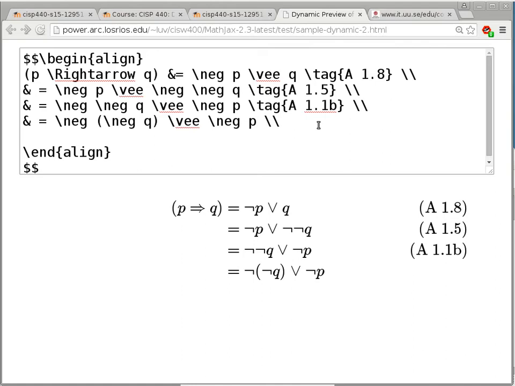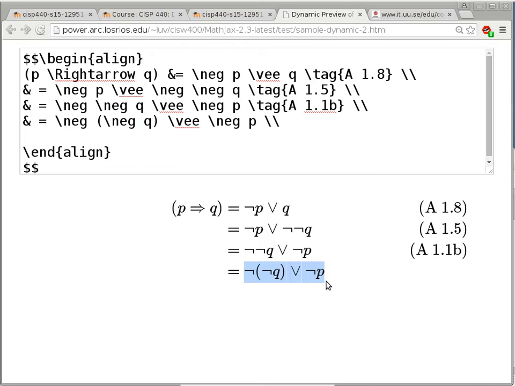But is this giving you some idea of, hey, this looks like a certain pattern? Compare this line with the first one, okay? The first one looks like a negation of something or something. This one is now also looking like the negation of something or something, right? It's matching that pattern.